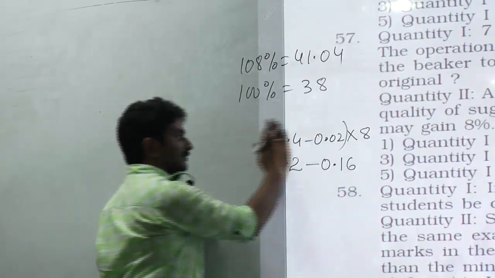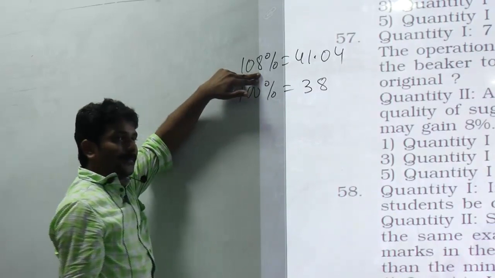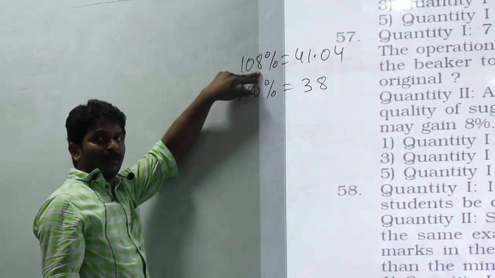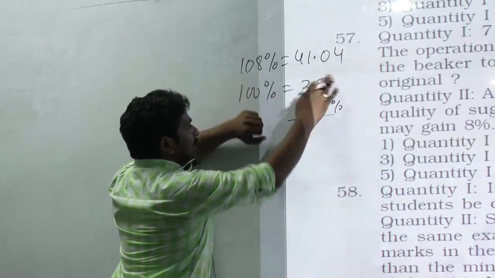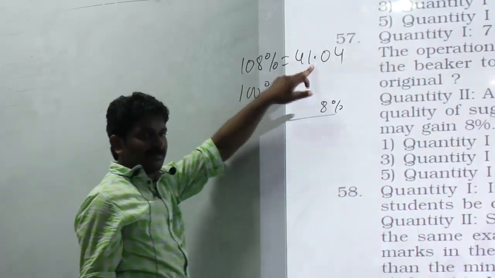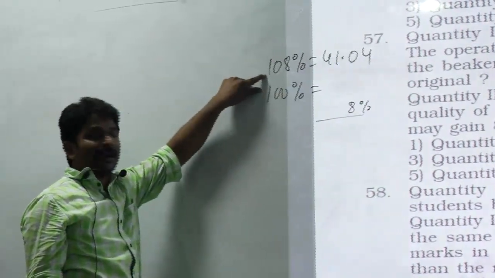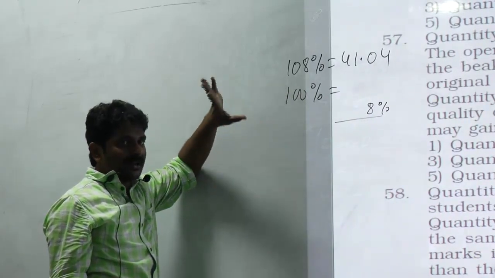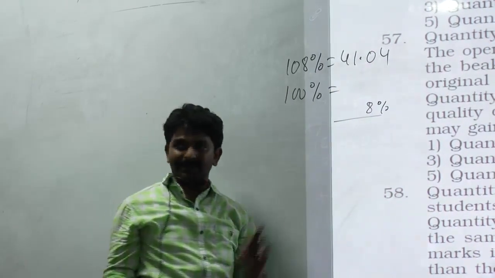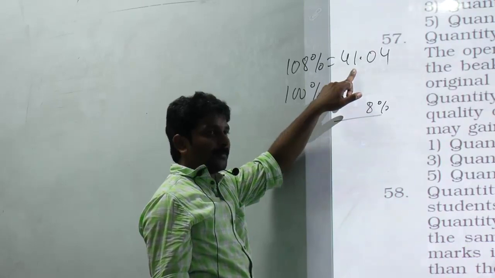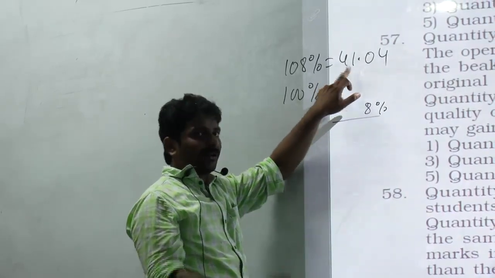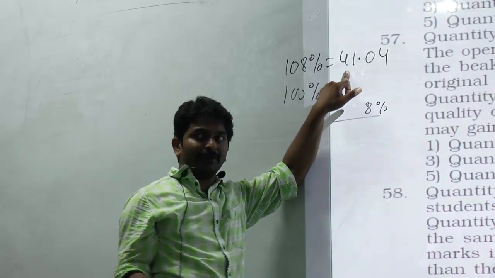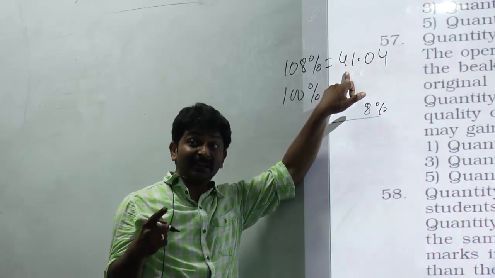What is difference here? 8%. Okay. So when you add 8% to some number, you are getting this. 108 and 100. Near about difference is 8%. I am treating 10%. What about 10% of this number? 4.1 something. If you subtract 4 from 41, you are getting 37.